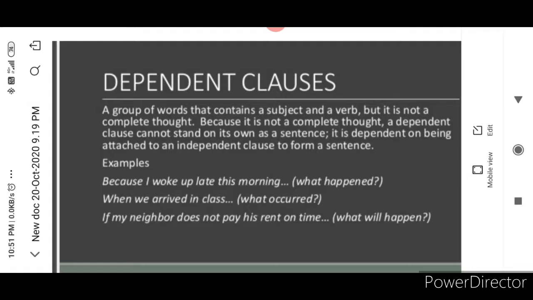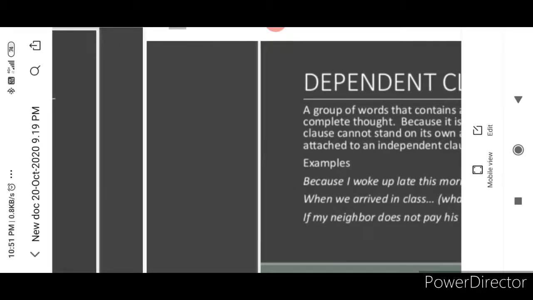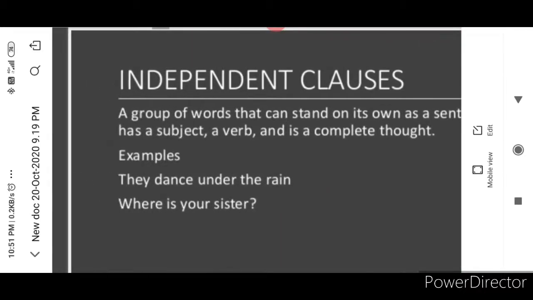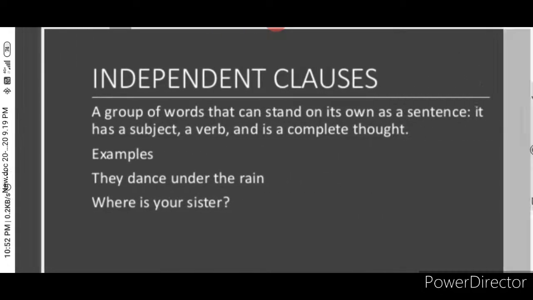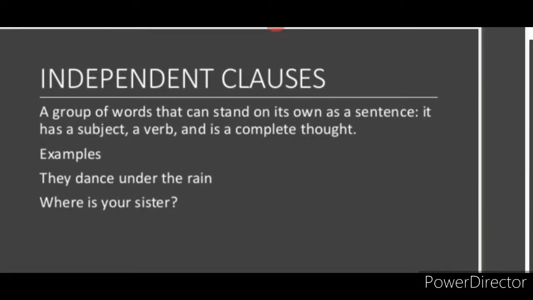See children, let us discuss once again what an independent clause and a dependent clause are. An independent clause has a subject and verb, and it will give you a complete thought.